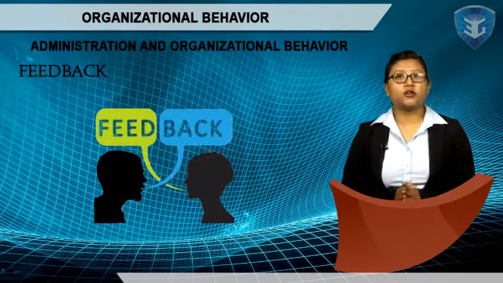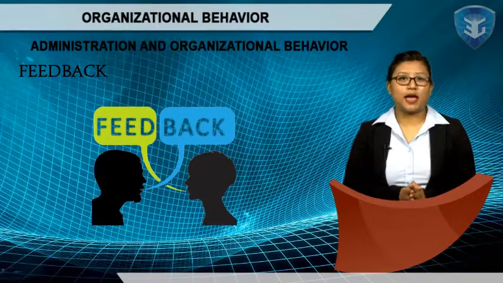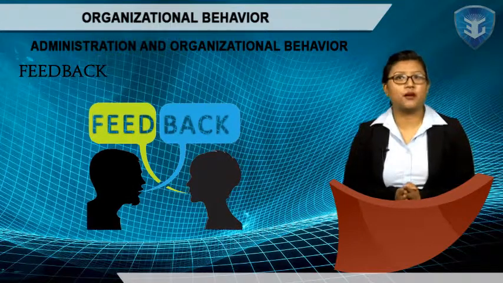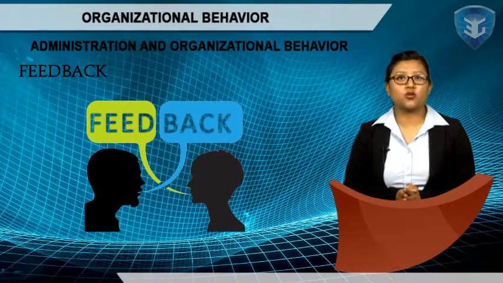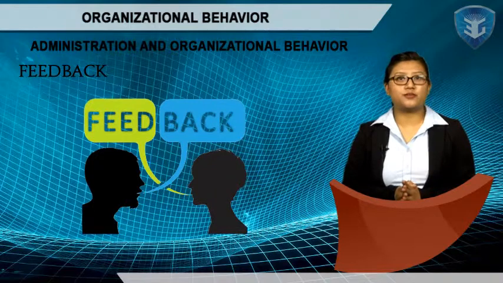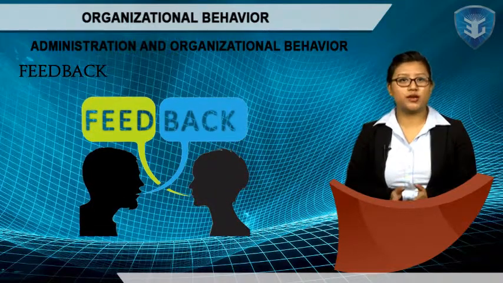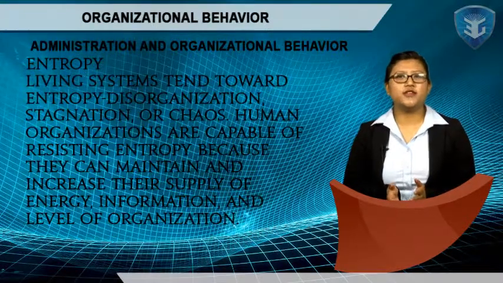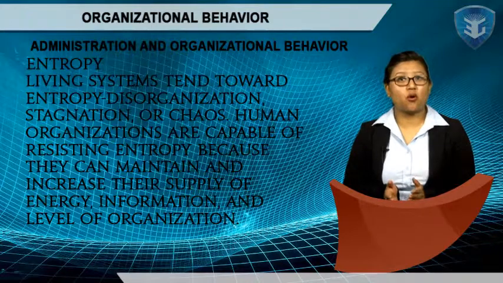Feedback. In order to maintain a steady state, an open system needs adaptive processes to receive information about its activities, which is called feedback. Feedback represents the ability of the system to generate and utilize evaluative information. Entropy. Living systems tend towards entropy, disorganization, stagnation, or chaos.